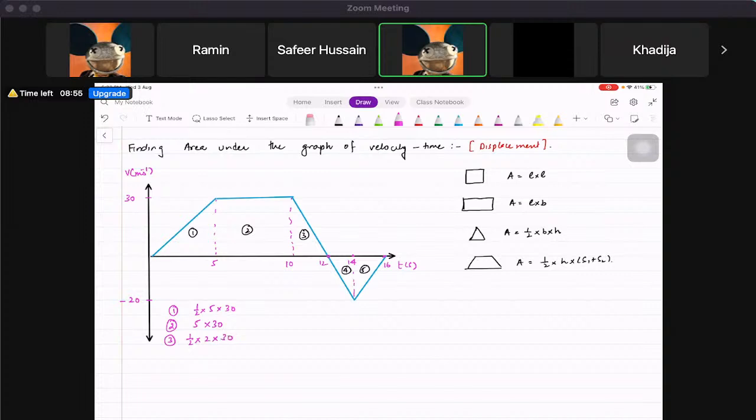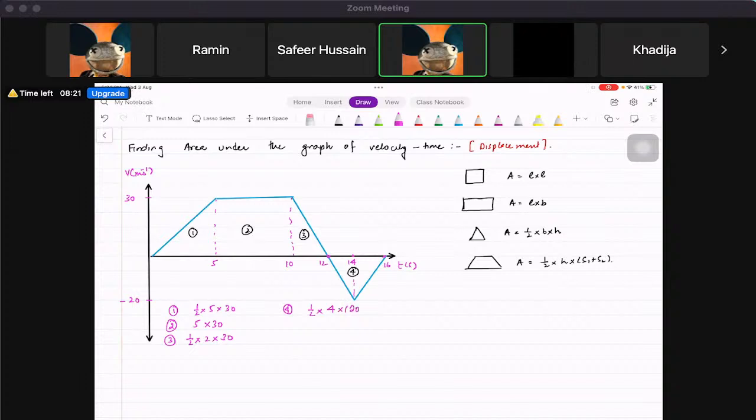I'm going to write this separately. This is a triangle, so instead we could just take it as one figure, section 4. Or alternatively, you can use the trapezium formula as well. Doesn't really matter. For section 4, I'm going to write half times the base, which was 4, times the height, which was 20.